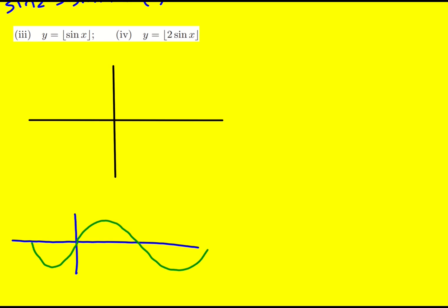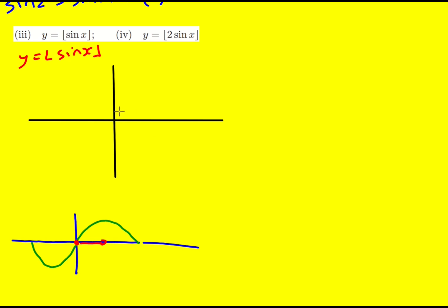Actually, I'm only interested in minus pi to pi. So we can see that sine between here and, not including that value, is going to be between 0 and less than 1. And so our y equals the floor function of sine x is going to be 0 for all of those values.